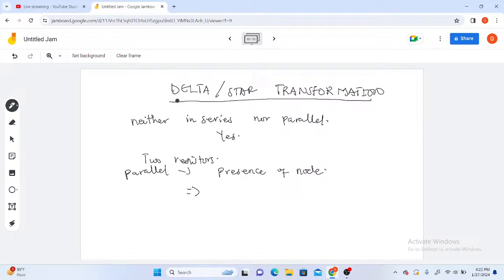So how do we go about that? Let's start with delta. I have this arrangement of resistors here, like this: R1, R2, then R3.